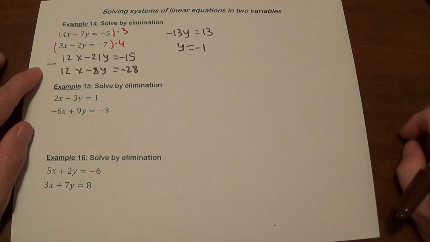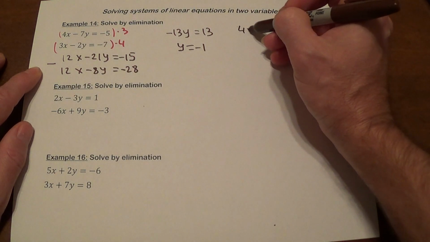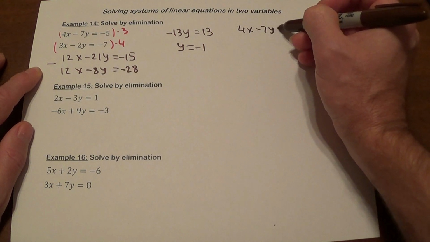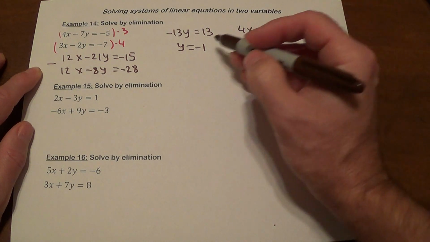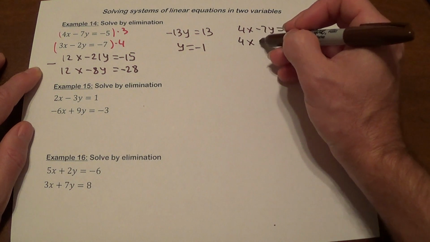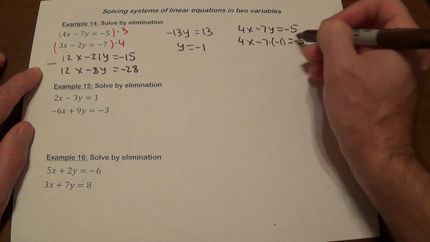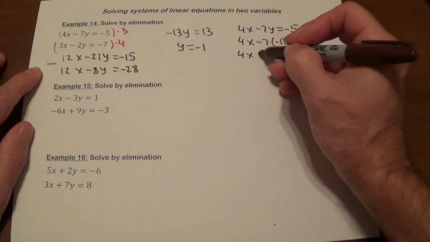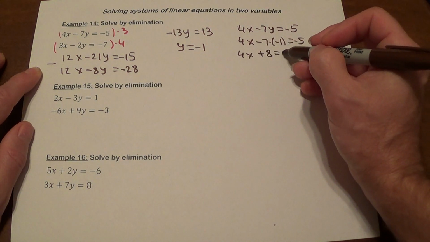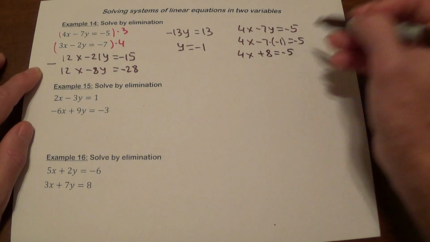And I'm going to go back to one of the equations I had originally. Let's say the first one: 4x minus 7y equals negative 5. Substitute negative 1 for y. 4x minus 7 times negative 1 equals negative 5. 4x plus 8 equals negative 5.